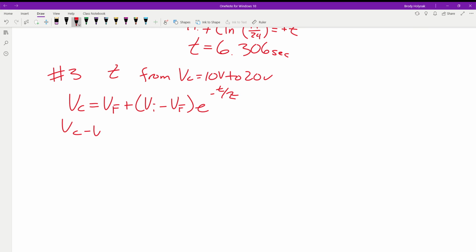VC minus VF divided by V initial minus V final, this value right here, is equal to e to the negative t over tau.